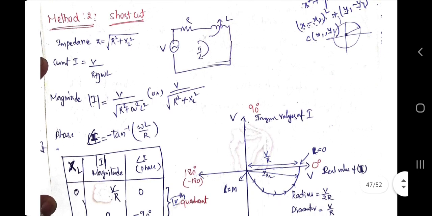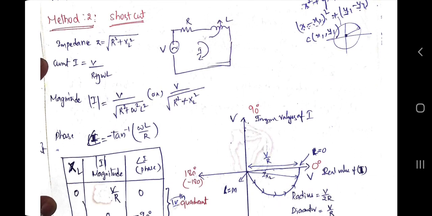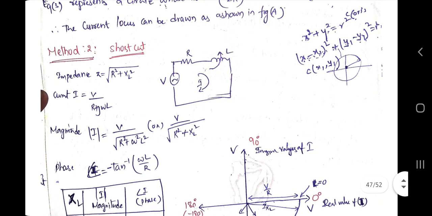Coming to method 2, this is a shortcut method, which is the impedance method. We have the circuit already given, the RL circuit with fixed resistance and variable inductance. Here is the circle equation, we already know x square plus y square equal to r square, where the center point is x1 and y1, then the equation becomes x minus x1 whole square plus y minus y1 whole square equal to r square.